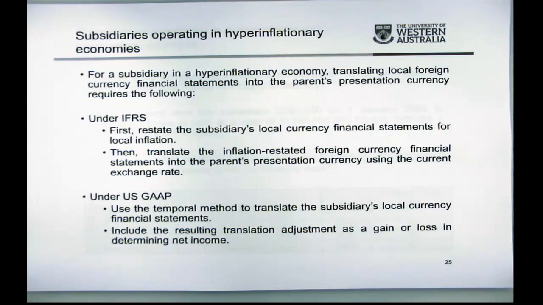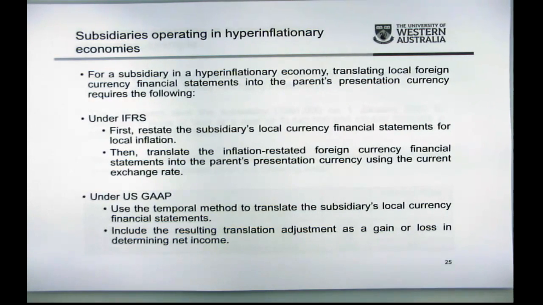For example, Turkey, prior to 2000, used to have more than 30 or 40% inflation every year. That was too much. And the exchange rate between the Turkish lira and the US dollar was very excessive. It was in millions of Turkish liras per dollar.